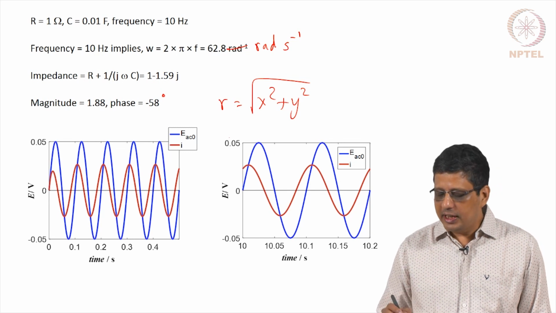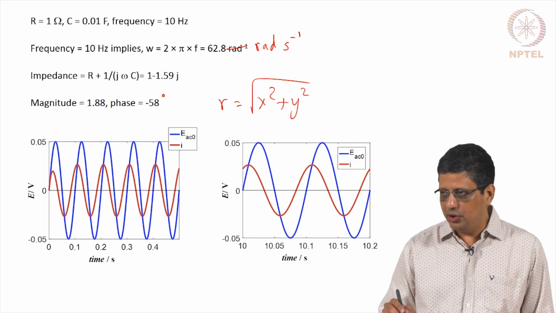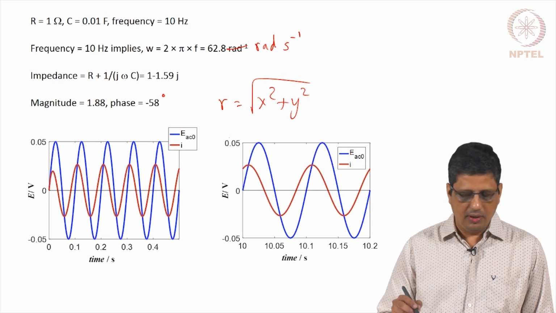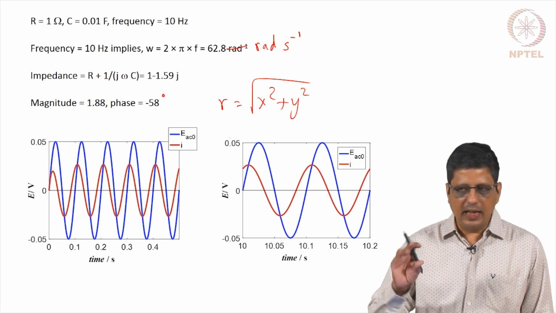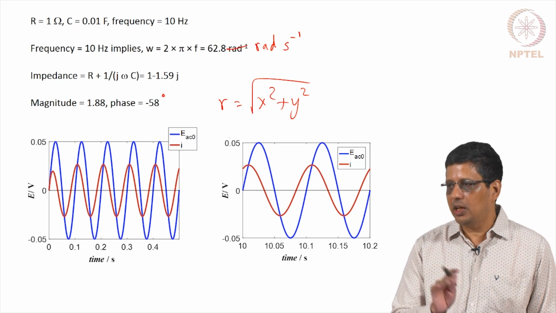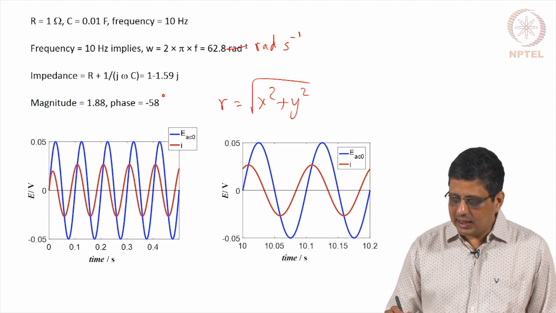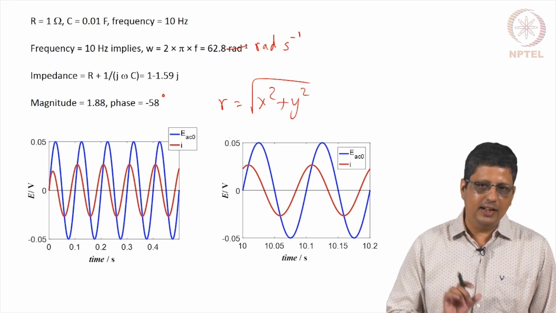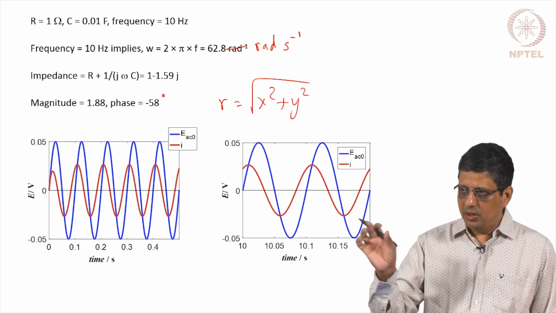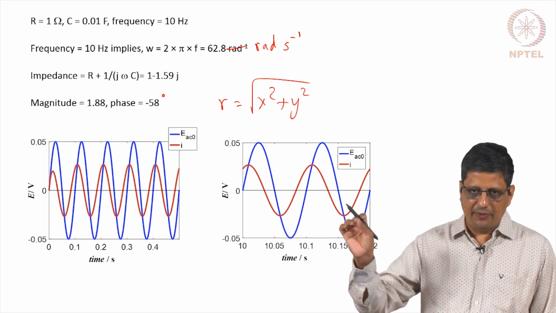A slightly better way of checking is to actually go in and measure the magnitude, the maximum peak here. We know the maximum here, take the ratio, it has to be 1.88 or 1.87, whatever the number of decimals you have. Similarly, find the exact time where this crosses 0 and you can calculate the phase. We know the period, the entire period is 360 degrees.